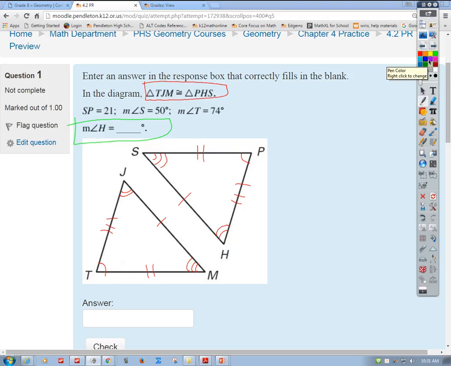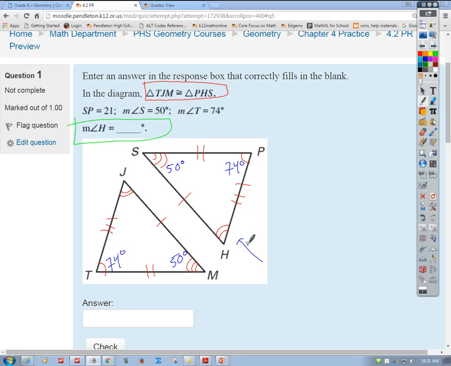What do we know? We know the measure of angle S is 50 degrees, so I could write 50 degrees there. Where else could I put 50 degrees? M. We know the measure of angle T is 74 degrees, so if this is 74, P is also 74. They want to know the measure of angle H. How am I going to find that?